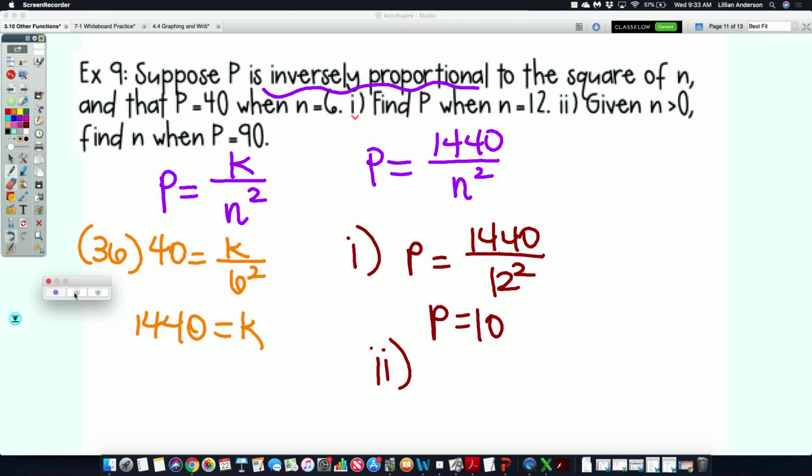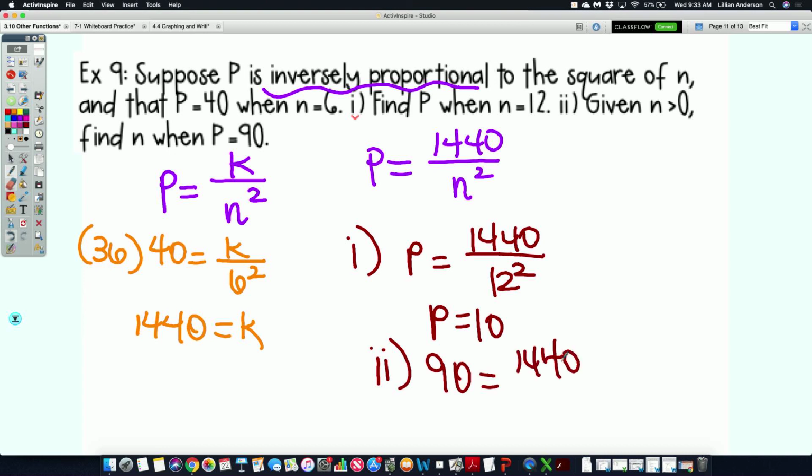So here, you're finding n when p is 90. So just like before, you're going to multiply both sides by n squared. Divide both sides by 90, so n squared equals 16. Then I have to do what to find n? Square root of both sides.